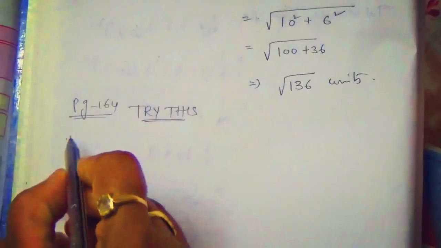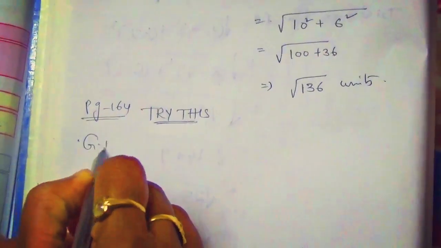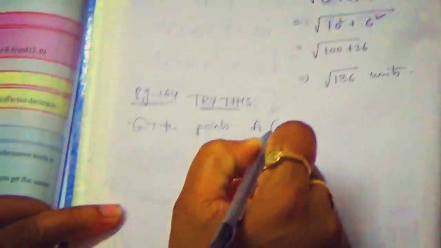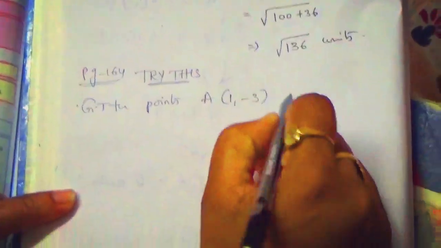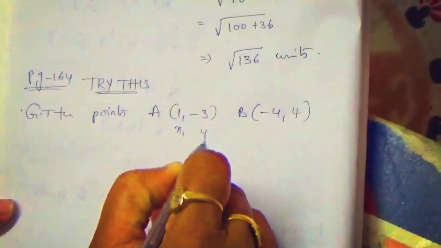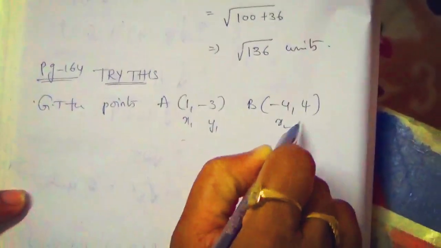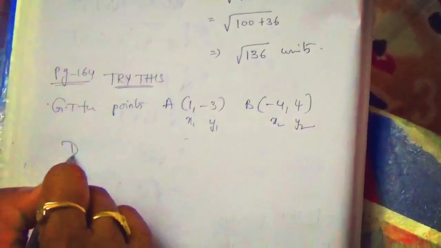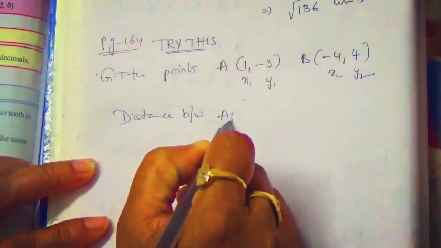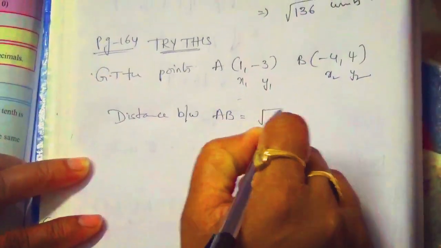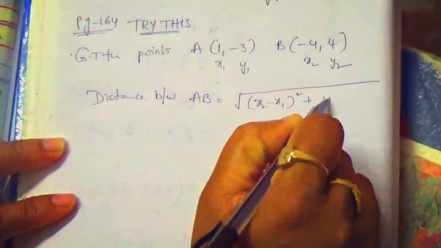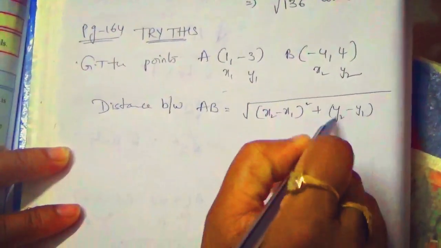So try this. Given that the points are A(1, -3) and B(-4, 4). Here we are taking it as x1, y1, x2, y2. Distance between A and B is equal to the square root of (x2 minus x1) whole square plus (y2 minus y1) whole square.